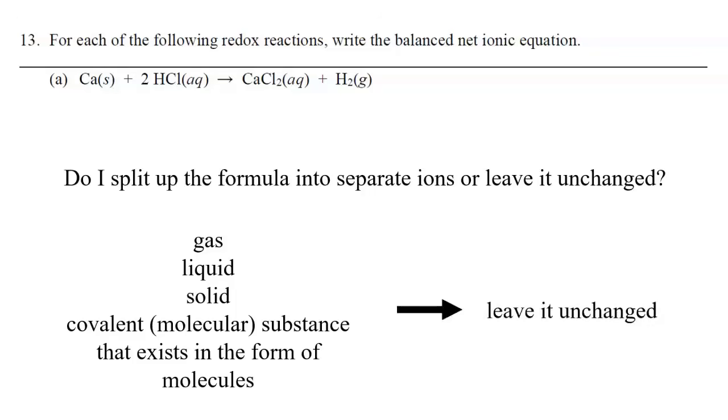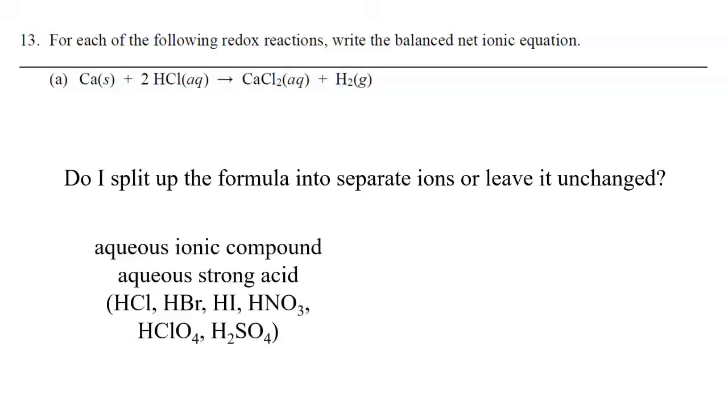You leave it unchanged. However, if you see an aqueous ionic compound that contains positive and negative ions, or a metal and a nonmetal, or you see one of the 6 strong acids, then you would split that up into separate ions.